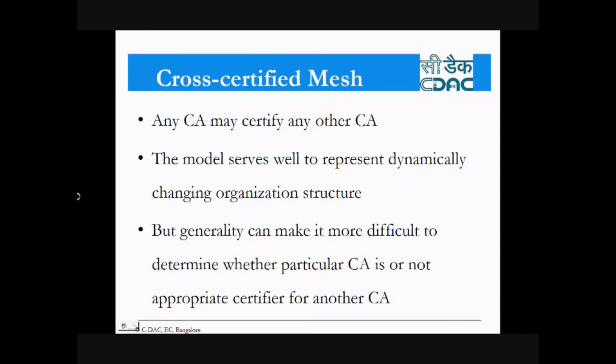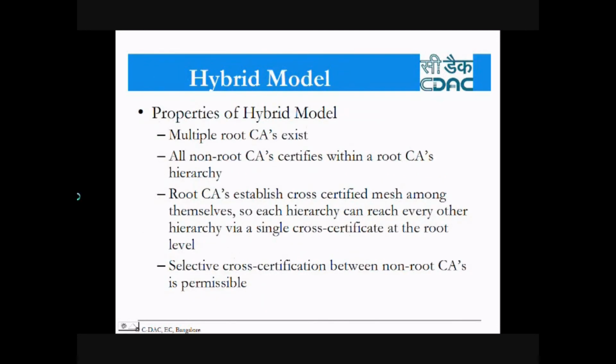So I can operate two sister companies, and both are certifying authorities. One company will certify the other and the other will certify the first. Such kinds of issues can crop up in a cross-certified mesh. So that is the drawback of this particular trust model.